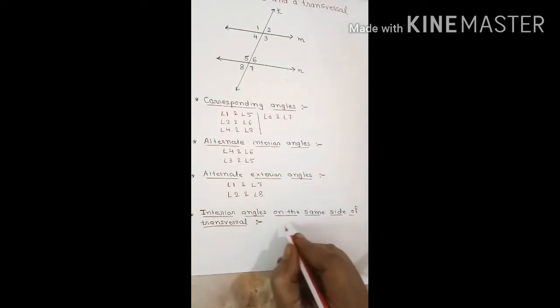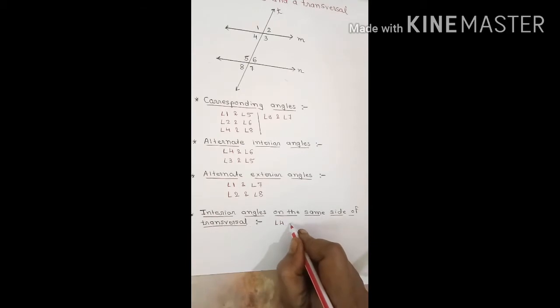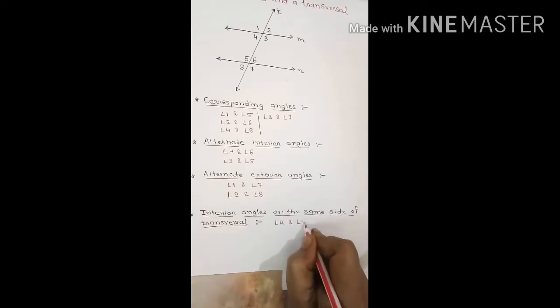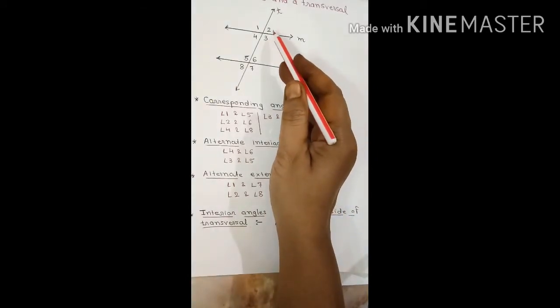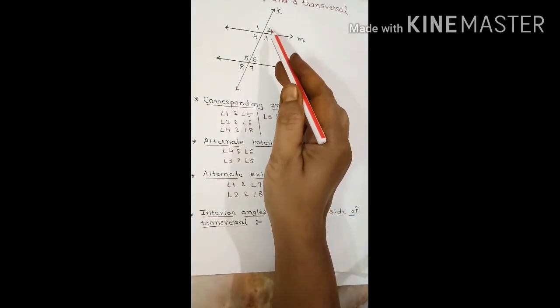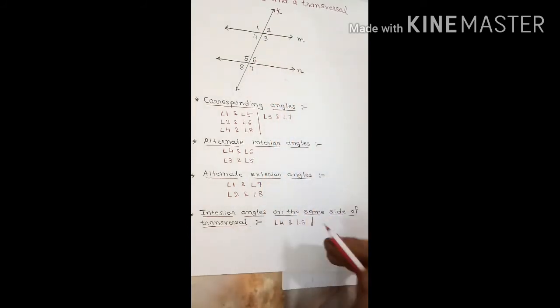So the first pair is angle 4 and angle 5. And the second pair, similarly, on the same side of the transversal there are 4 angles: 2, 3, 6 and 7. So 3 and 6 are in the interior. So angle 3 and angle 6.